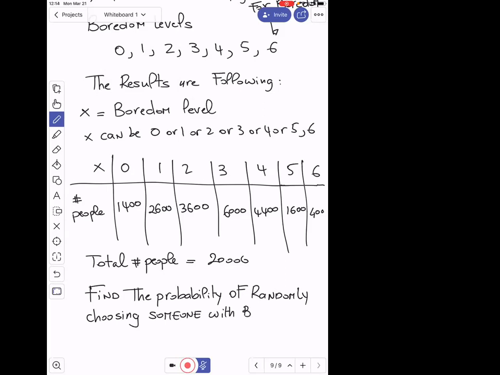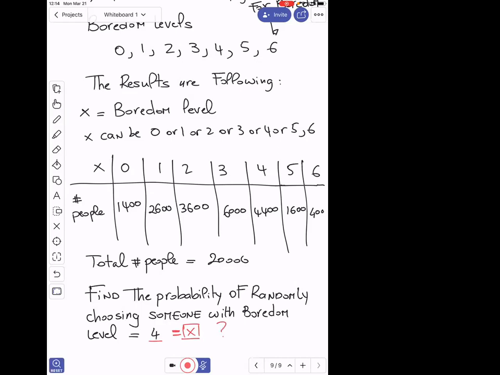When I say boredom level equal to 4, I mean my variable x is 4, right? Again, this variable x is supposed to represent the boredom level.